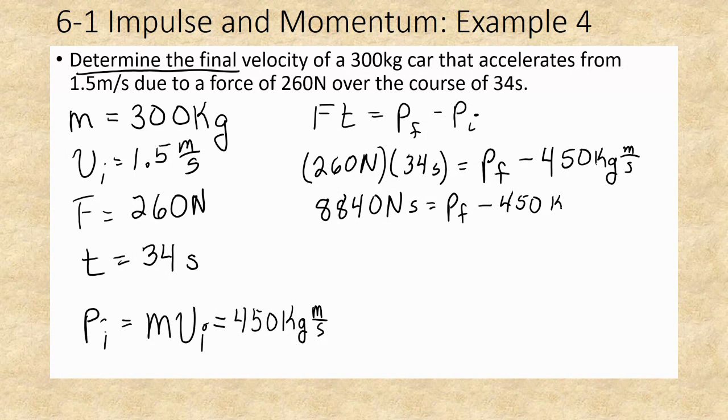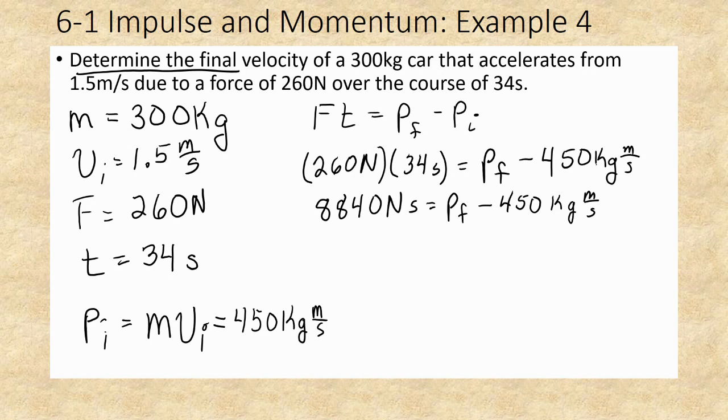Now, you might be taking a look at this and saying, hey, wait a minute, Mr. Hatz. Kilogram meters per second and Newton seconds are not the same unit. And you would be correct, theoretical student that I'm making up in this virtual quarantine who can't actually ask me a question in person. They are not the same unit, or at least they don't appear to be the same unit.